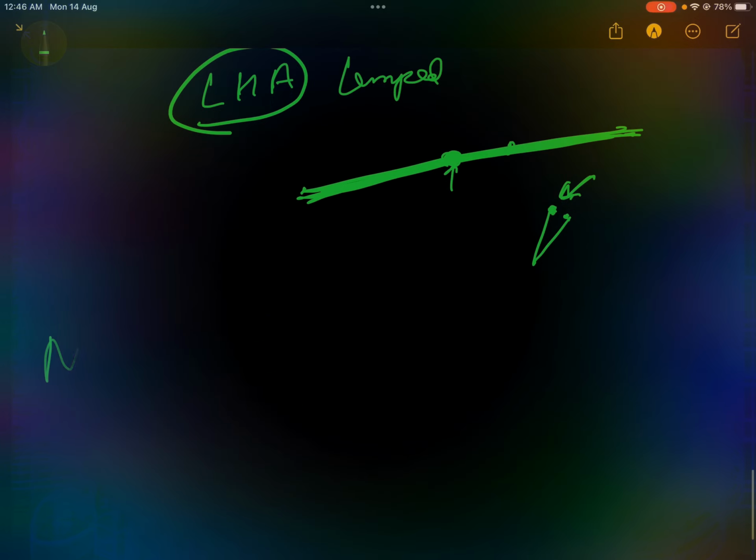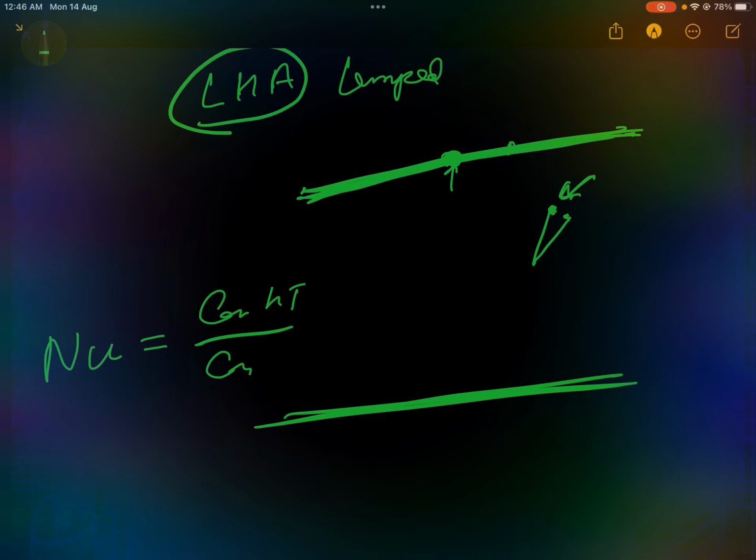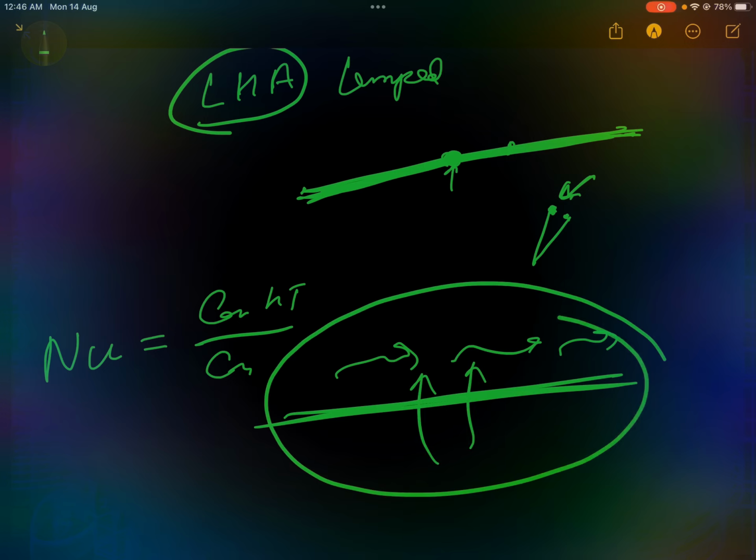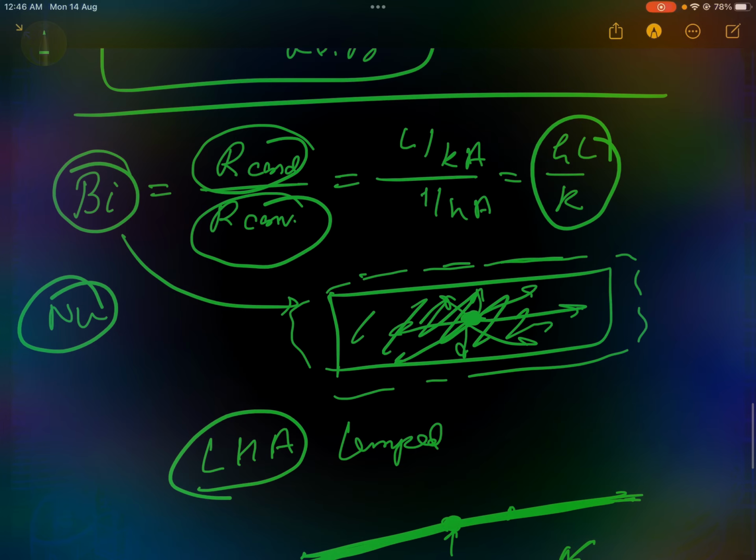Whereas the Nusselt number shows the convection heat transfer to the conduction heat transfer at a surface. It is more concerned with how much convection heat transfer there is at that surface compared to its conduction resistance. So the Nusselt number is more concerned with a surface where some fluid is flowing, and the Biot number is more concerned with the heat transfer within the material.